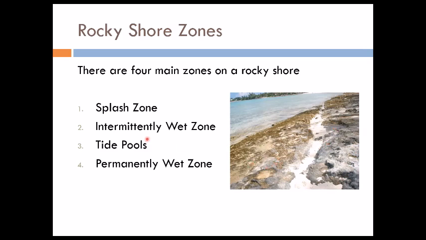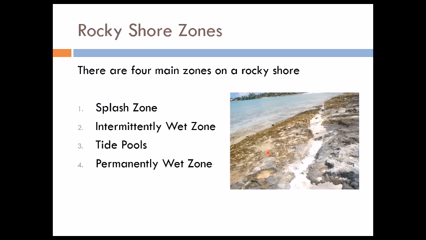Next we have the intermittently wet zone. From looking at this picture, that would probably be this area right here. The intermittently wet zone basically means that at parts of the day it's going to be covered by water, and at other parts of the day it's going to be exposed to the air.